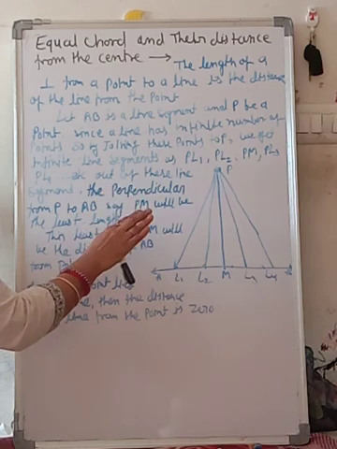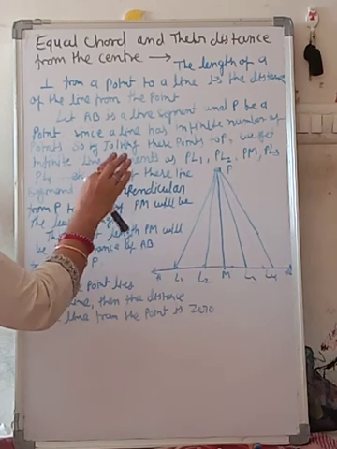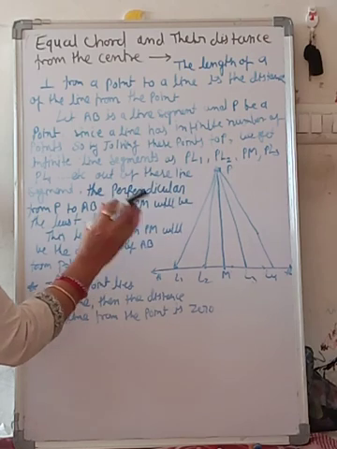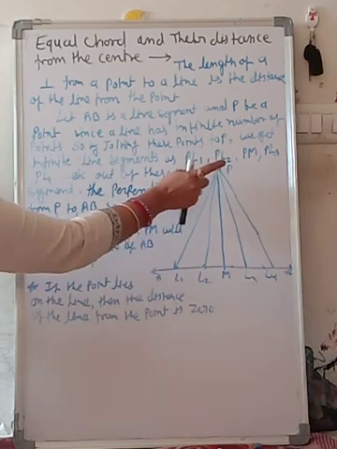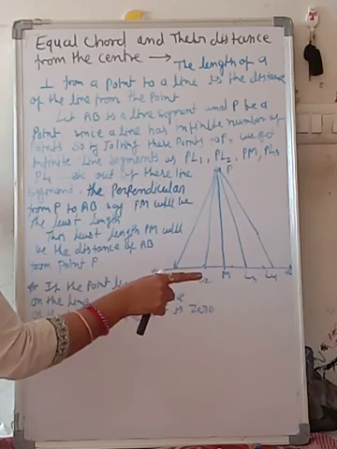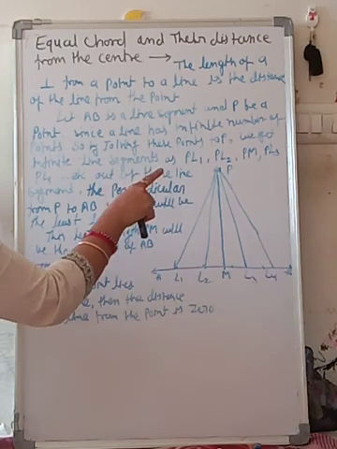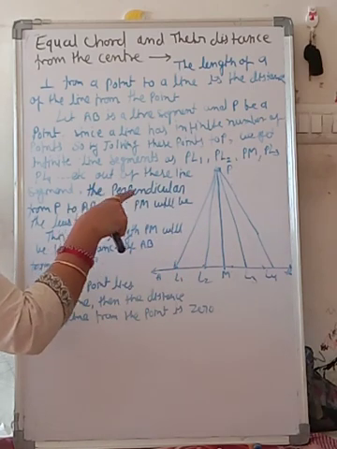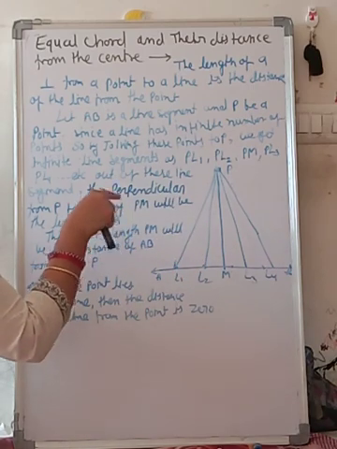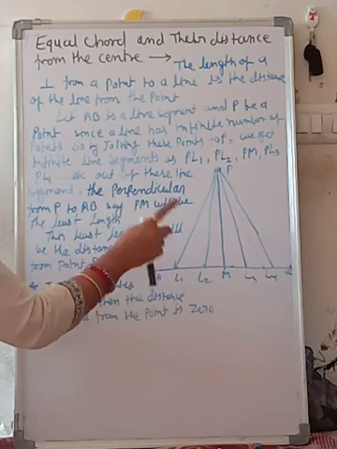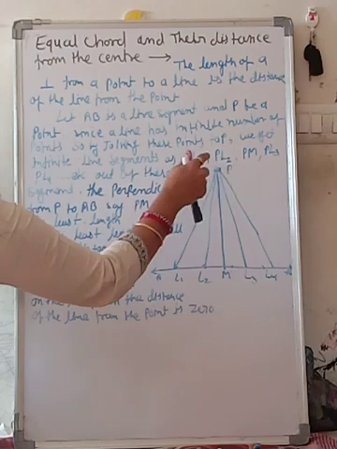We can also observe this by drawing several chords of different lengths and measuring their distance from the center. The longest chord of a circle is the diameter, whose distance from the center is 0, because the center lies on it.